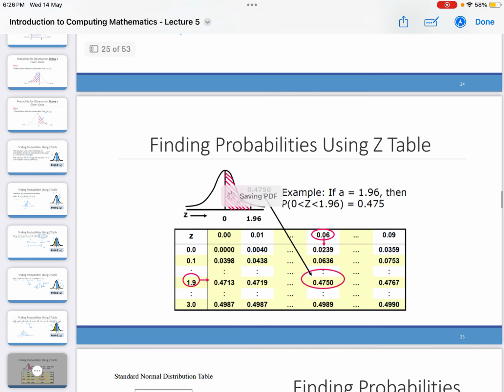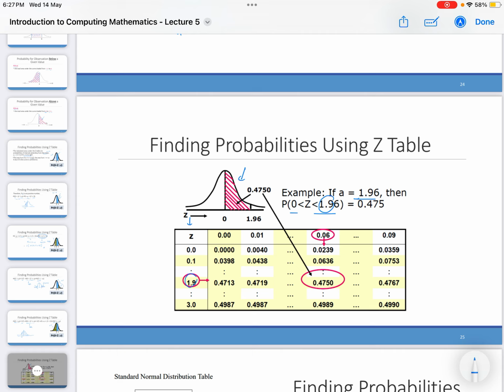Okay, so this is how we read the table. Let's say A equals 1.96, and we want to find the probability of Z from 0 to 1.96, which is this red region here. The way we read it, we look at the first column here, the Z. We find 1.9, so 1.9 is here.